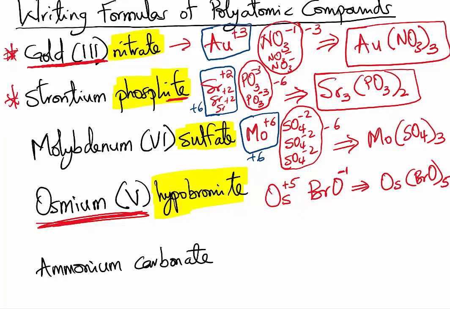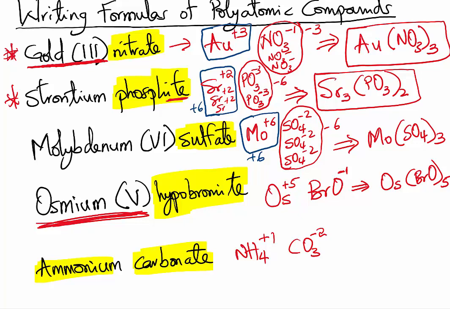And lastly, the formula for ammonium carbonate. Both of them are polyatomic ions. Ammonium happens to be the only one among them that is positively charged. It is NH4 with a charge of +1. Carbonate, on the other hand, is CO3 with a charge of -2.